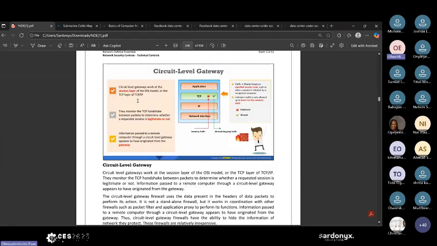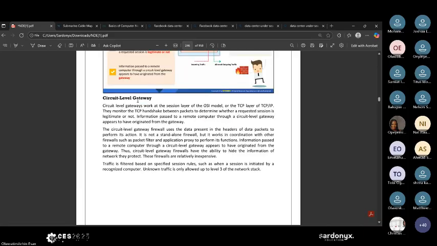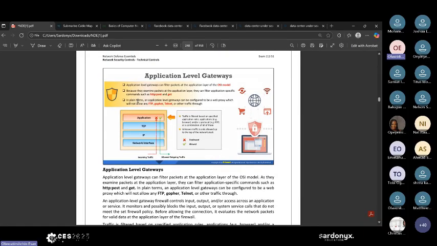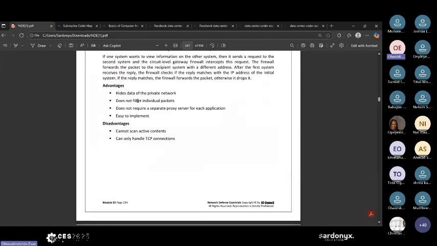You are also talking about the circuit level gateway, which works at the session layer, where it monitors the TCP handshake and the session rules. So if the session is initiated by the computer or whatever device, it cuts it off. One of the advantages of the circuit level gateway is that it hides data of the private network.